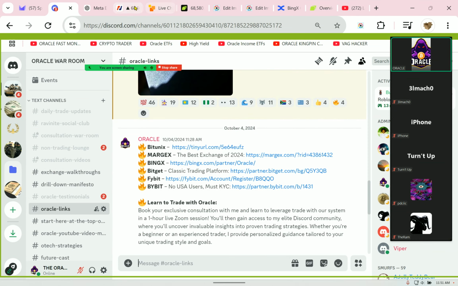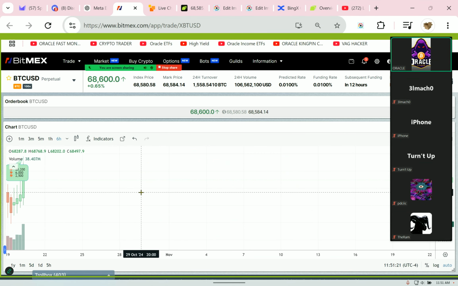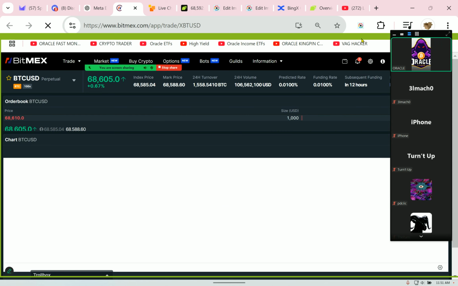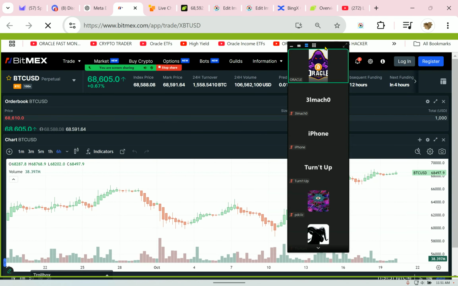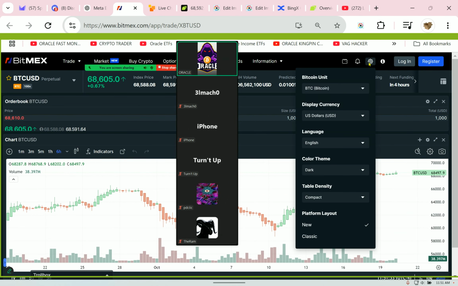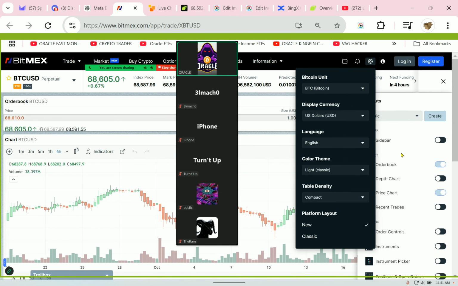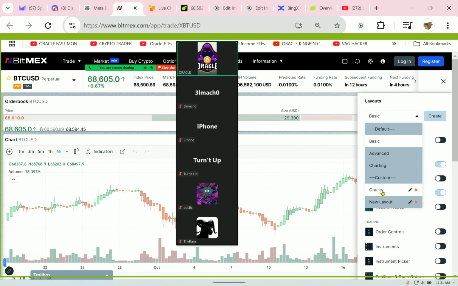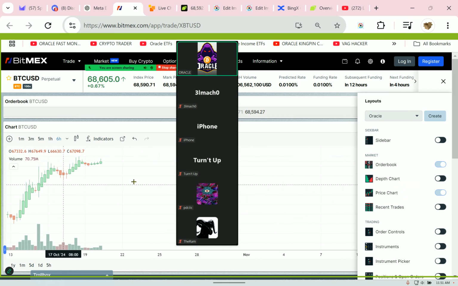If you don't want to use this chart, because this chart is a mess, watch what happens when I refresh. Look at this. This is what they did to BitMEX. It's disgusting. So every time I have to come here, go like this, and then set the chart the way I like. It's really a pain. Where is it? Oracle, come here. Here you are. Okay, now the chart is set the way I like.